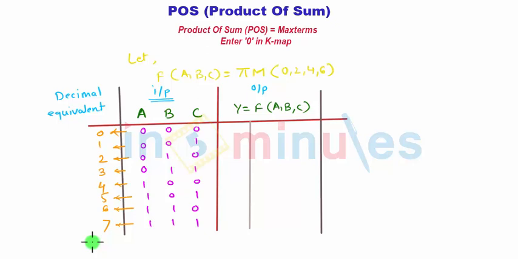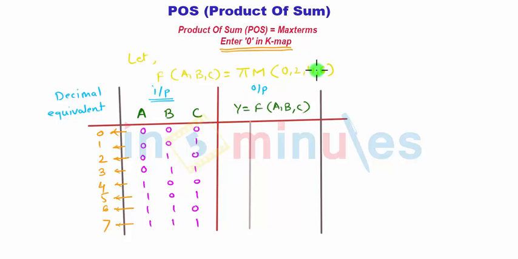Now we have also mentioned that we will enter 0 in the K-map. This is the standard notation for any POS form. We enter 0 in the K-map, but output y is present for these four max terms: 0, 2, 4, 6. So we will put output as 1, but while entering into the K-map we will put 0. That we will see in the next slide.